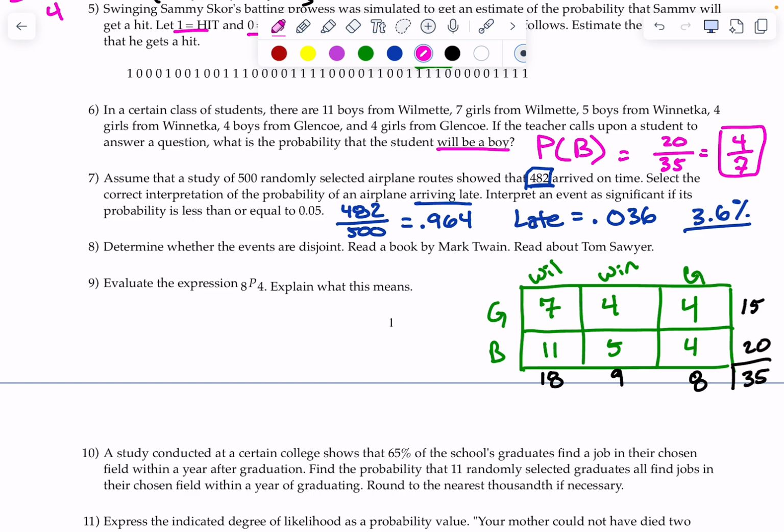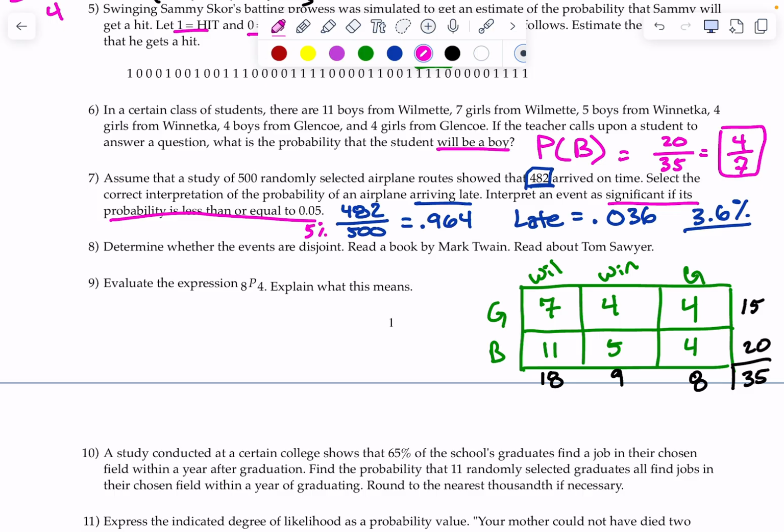Interpret an event as significant if it has a probability less than or equal to 0.05. Is that 0.05%, or is that just 5%? No, that's 5%. If it has less than 5% chance of happening, right? Okay.